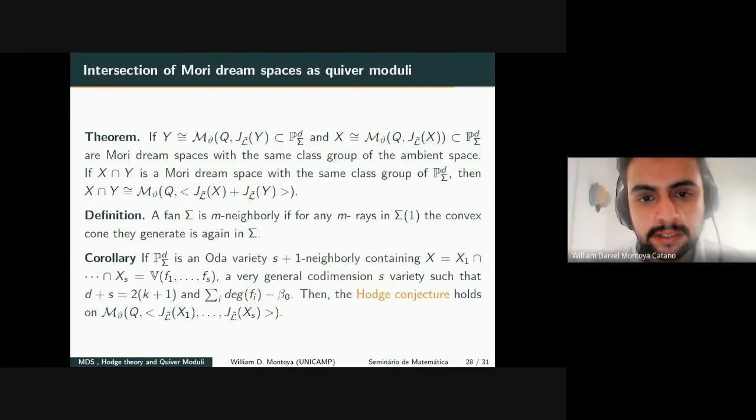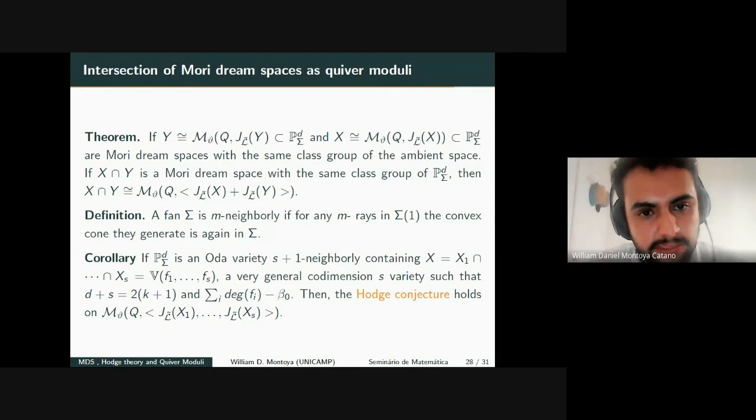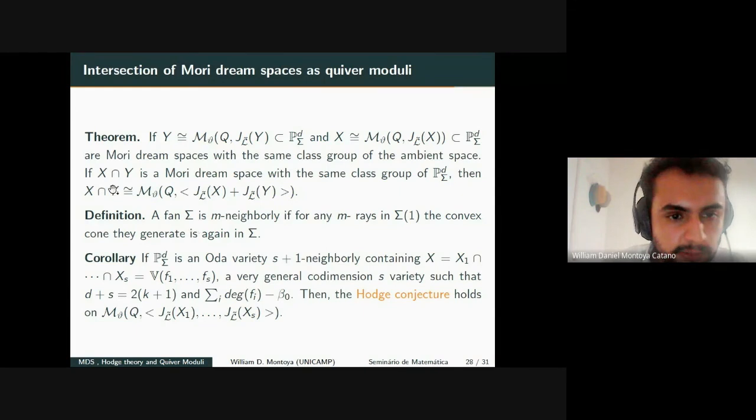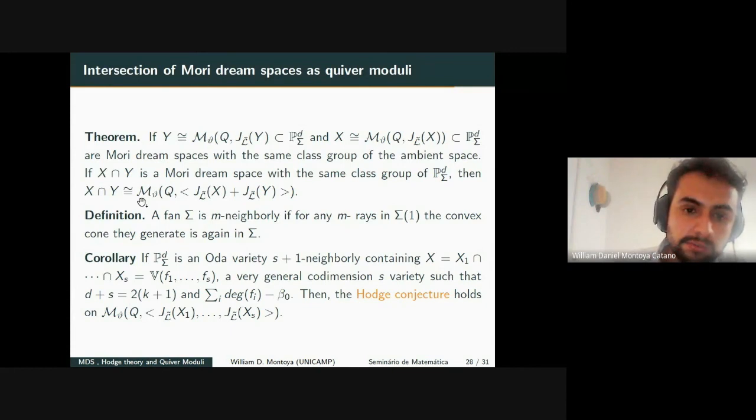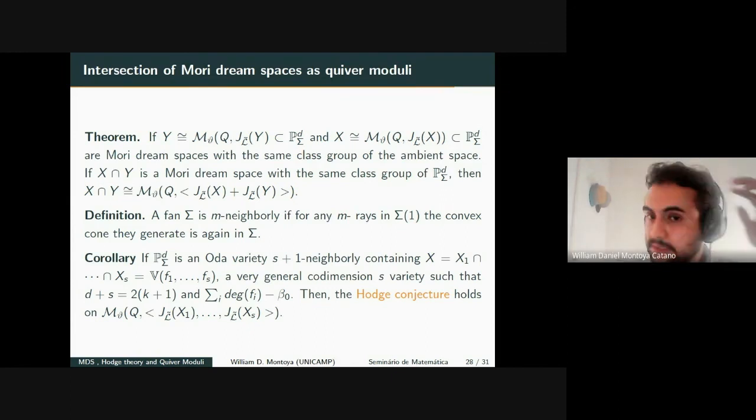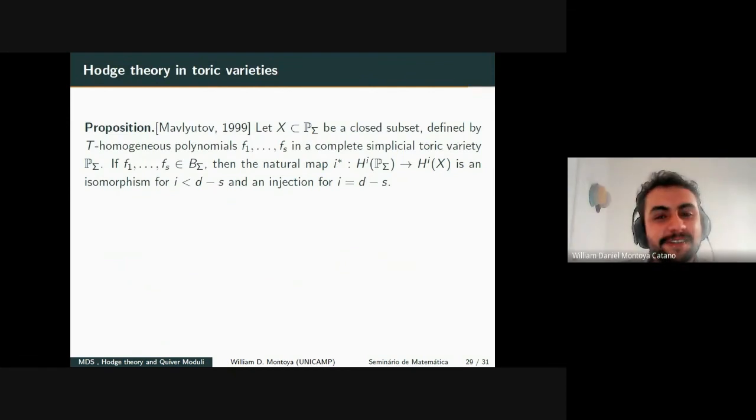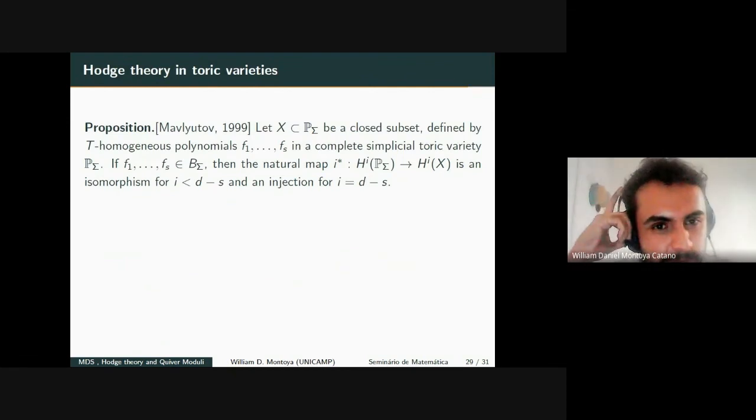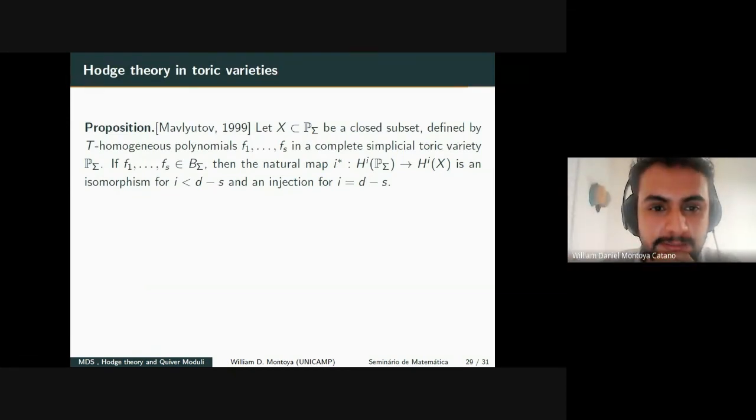So somehow here I was able to find a way to construct the intersection of two Mori spaces as quiver moduli, and all these isomorphisms are algebraic, so they are going to respect not only the Hodge structure, but also the algebraic Hodge structure. I don't know how to explain this rapidly.